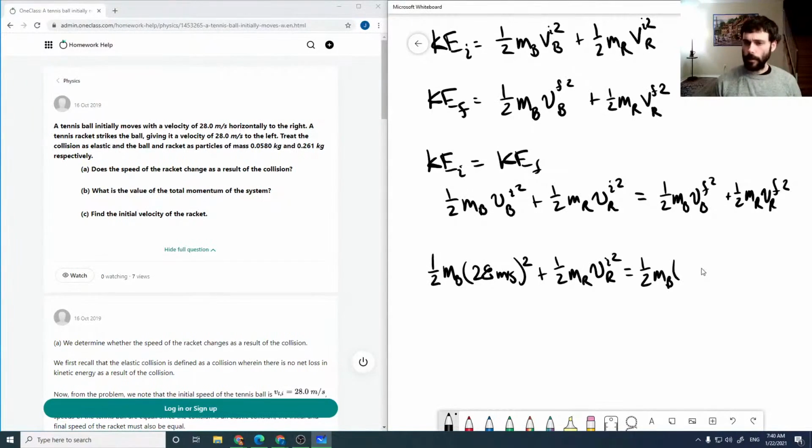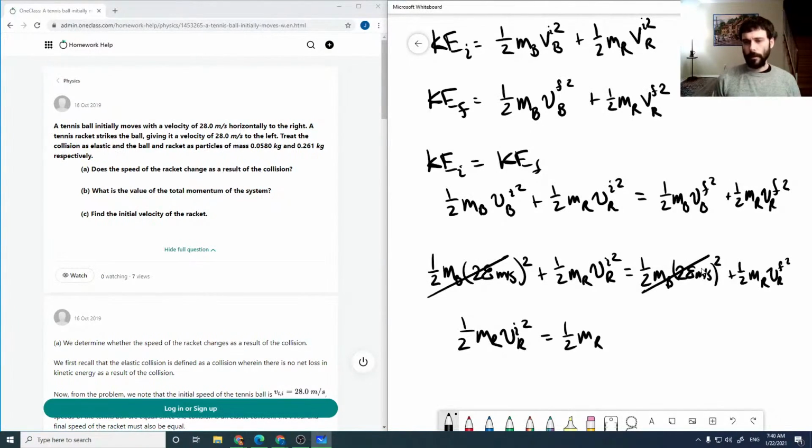We don't need to worry about the mass because we can see here that as the mass isn't changing, these guys are actually going to cancel, leaving us with 1/2 mR VR initially squared is equal to 1/2 mR VR finally squared.